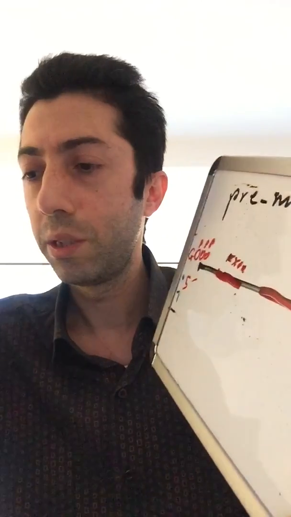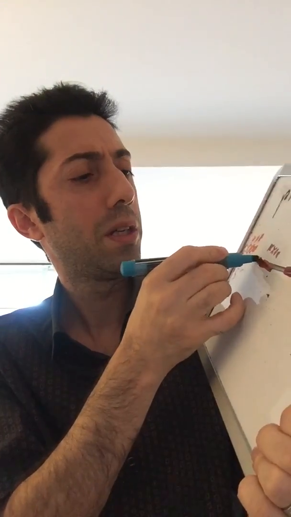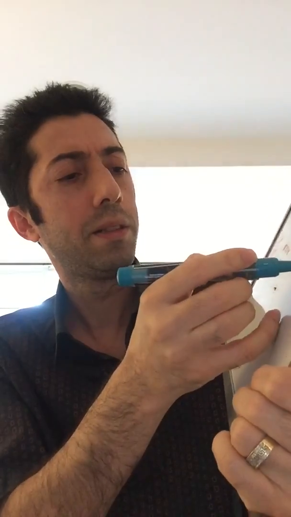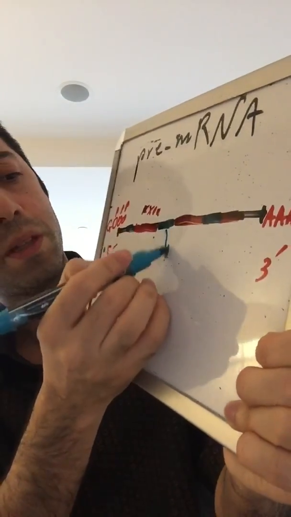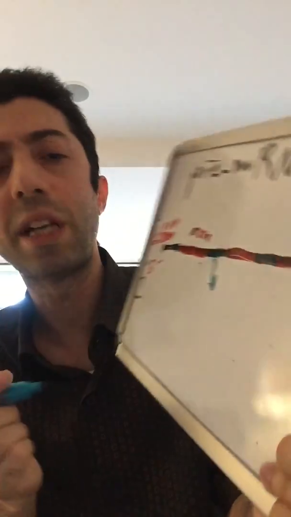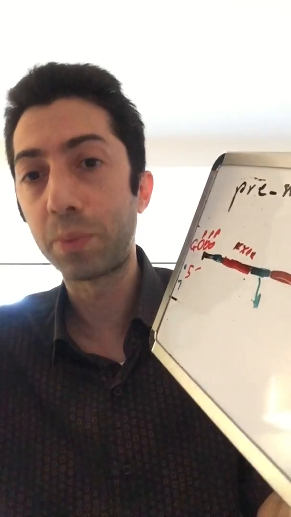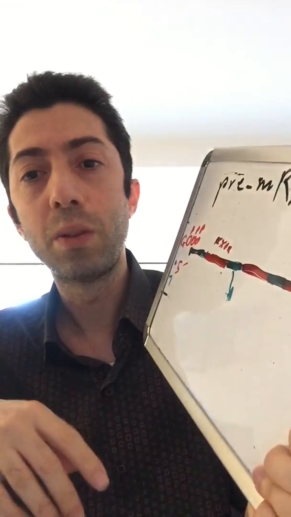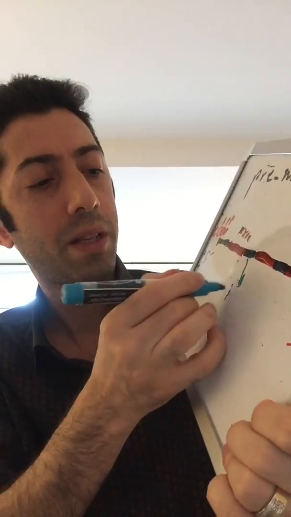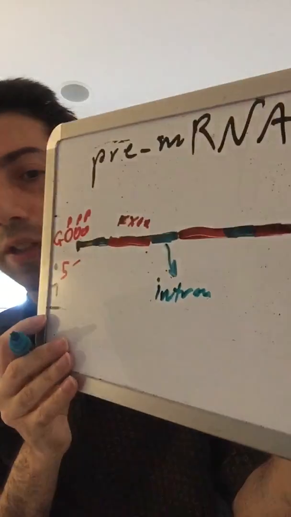And also you have the parts that you do not need to express. They're not going to be translated. The red part, the exon, will be expressed, but the intron will not be expressed. Introns will not be expressed, okay?